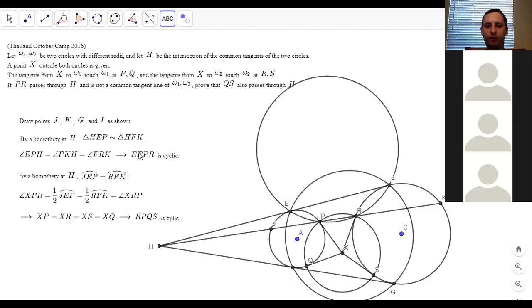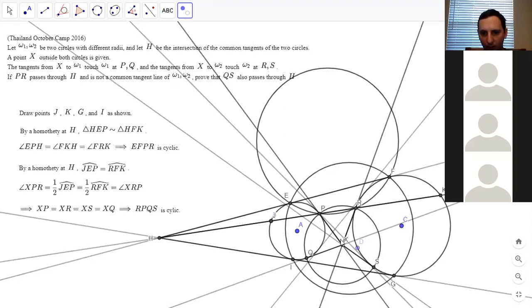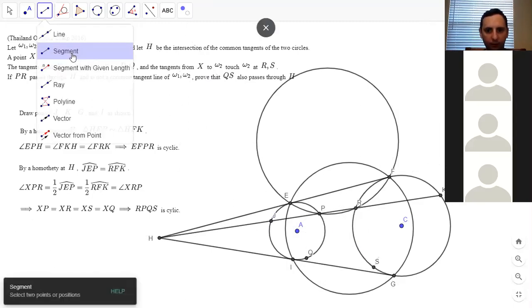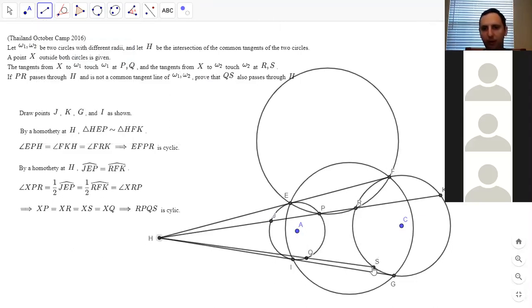So basically, if we hide point X, and we let HQ intersect the other circle at S prime, you're saying by inversion P, Q, S prime, R would have to be cyclic.